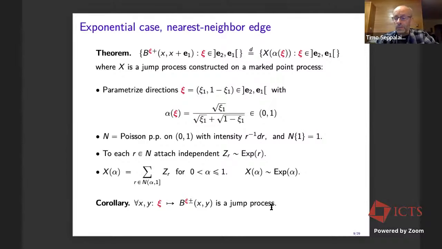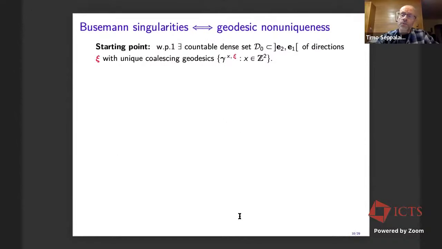And now I want to actually address Arjun's question a little bit. I want to show you how this jump process property connects up with geometric properties of geodesics. So I want to show you, not really precisely, but at least heuristically, how these Busemann singularities are connected with non-uniqueness of semi-infinite geodesics.